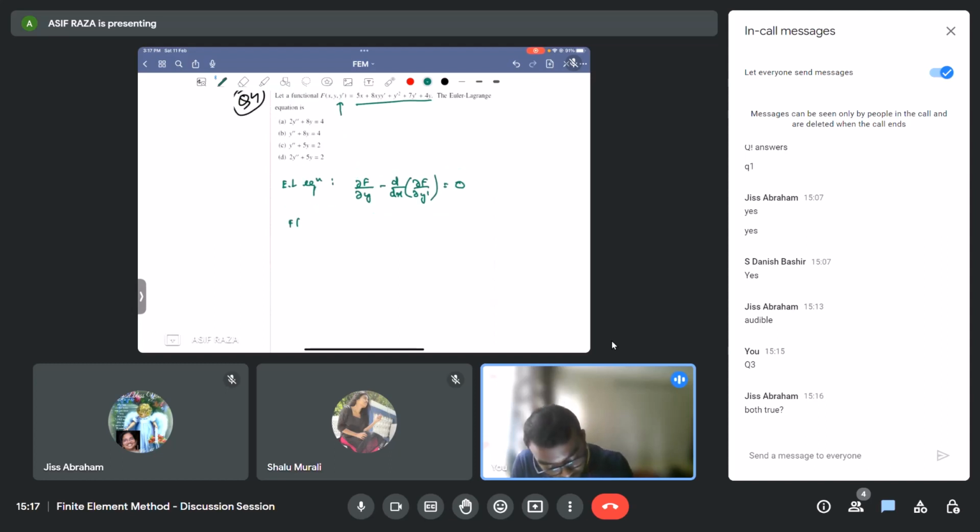We are given the functional f(x, y, y prime) as 5x plus 8x y prime plus y prime square plus 7y prime plus 4y.